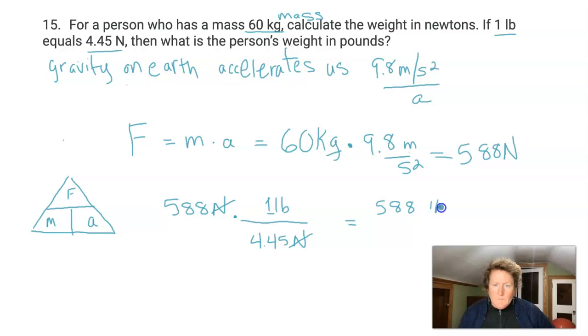Our unit's going to be pounds, because that's what's left when everything's canceled out. And then it's 588 divided by 4.45, because those newtons canceled out. So you can end up doing the math here, and that will give you the answer in pounds. 588 divided by 4.45. Make sure you show your work.